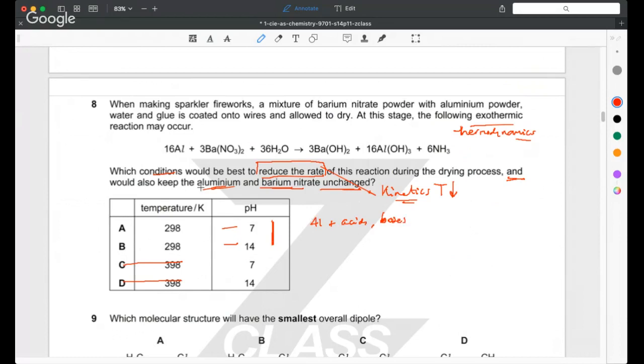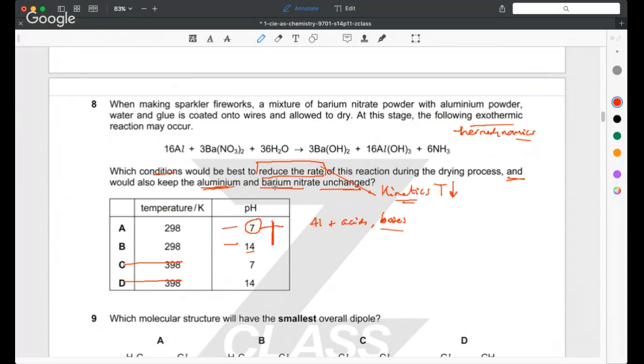But if we want to keep aluminium unchanged, we don't want to react it with an acid and we don't want to react it with a base. So let's have it at pH 7, a neutral pH, and so there won't be a reaction with any acid or any base. It looks like we're zeroing in on this. We certainly don't want to be at pH 14, which is a basic pH, because aluminium needs to be unchanged, and that reacts with bases.